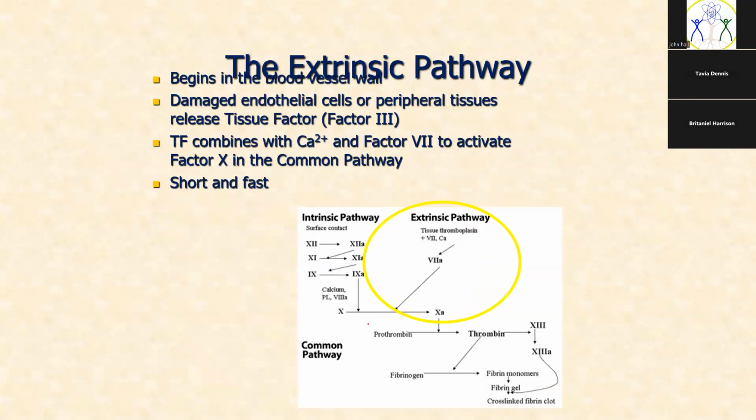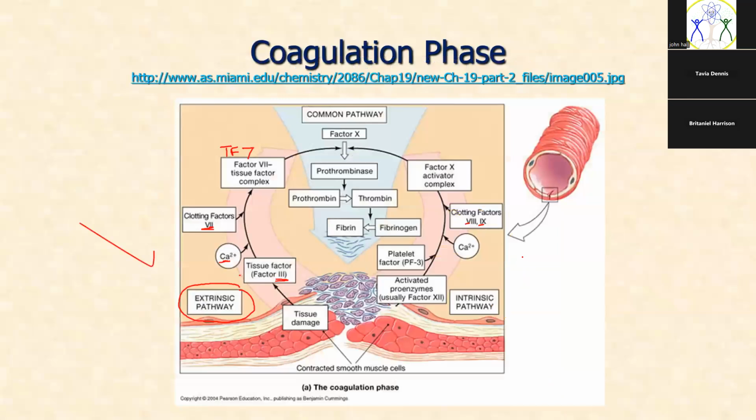If we go back here now, it should be a little clearer to us, right? So remember, we start with 12, right? And 12, of course, with the platelet factor and the calcium, leads to the activation of 11, right?